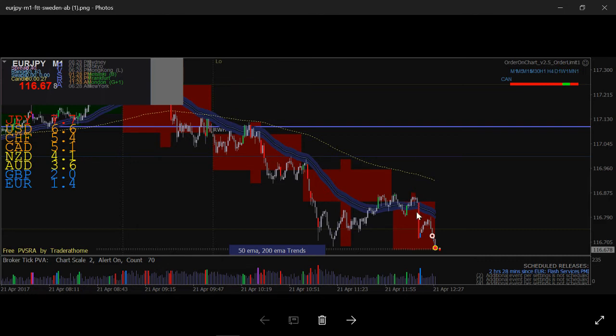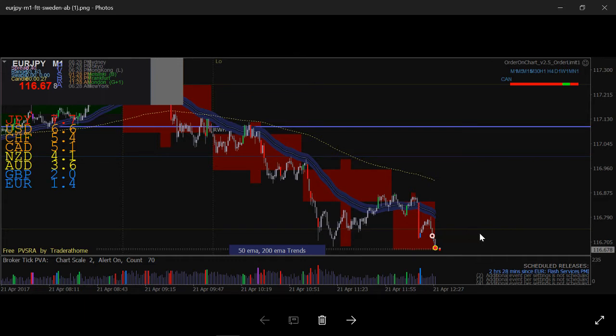What I can see here is that price action has broken this key level. You have this key level at around 116.750, drawn in light brown here.